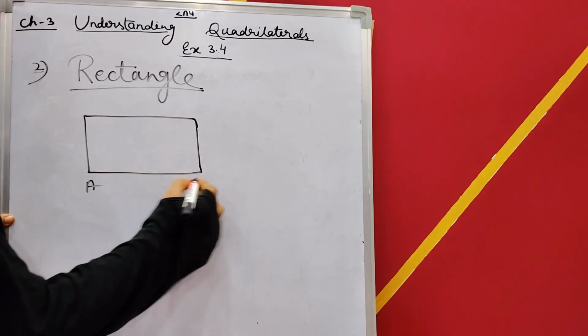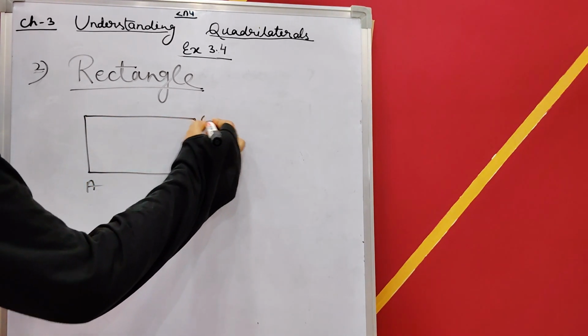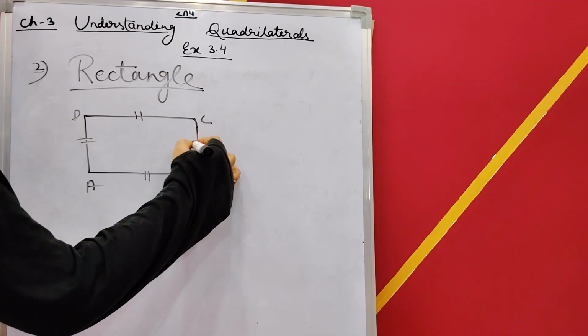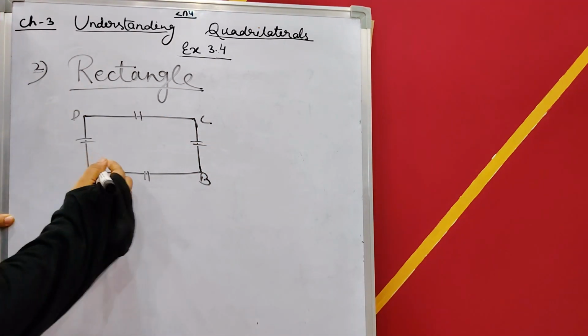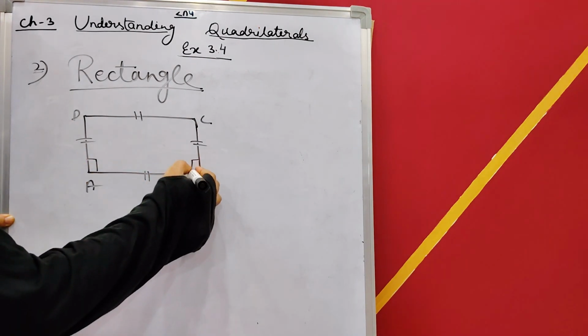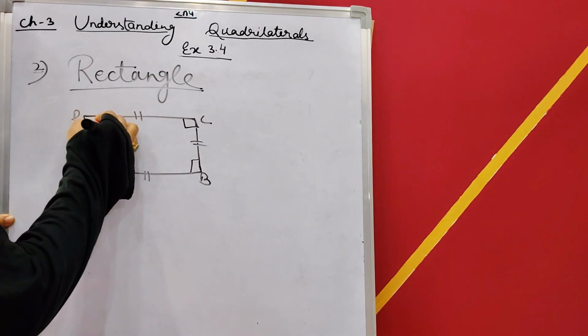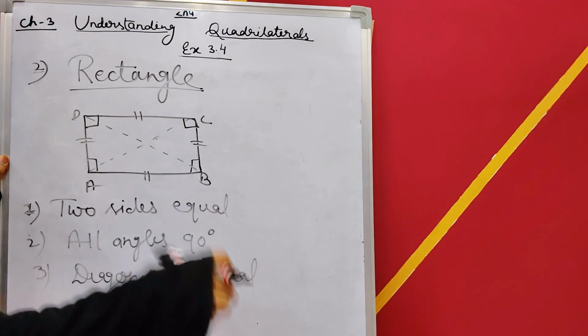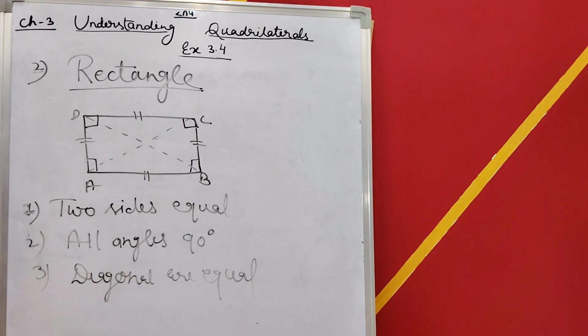Like if it is ABCD, this one should be equal to this one, and this one should be equal to this one. It is known as a rectangle, and all angles are equal, that is 90 degrees. That is, the opposite sides are equal. The diagonals are equal.